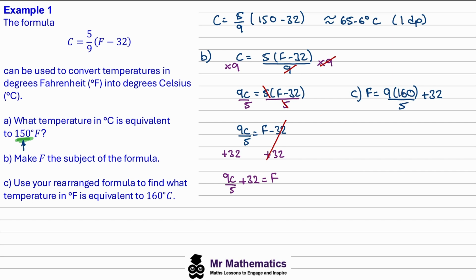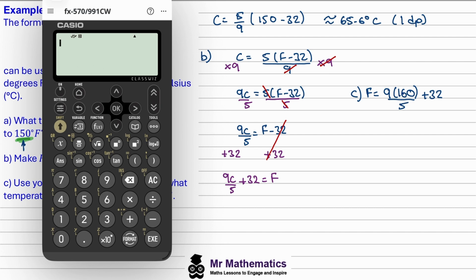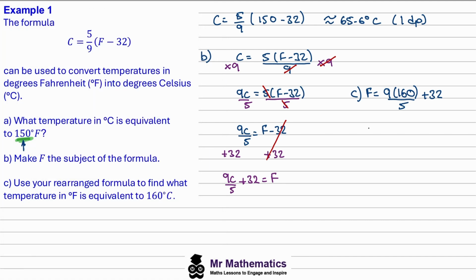And again, I'm going to work this out on a calculator. I'll begin by entering the fraction. So we've got 9, and then brackets 160, over the 5, plus that 32. We'll execute that, and we get 320 degrees Fahrenheit. So F is equal to 320 degrees Fahrenheit.